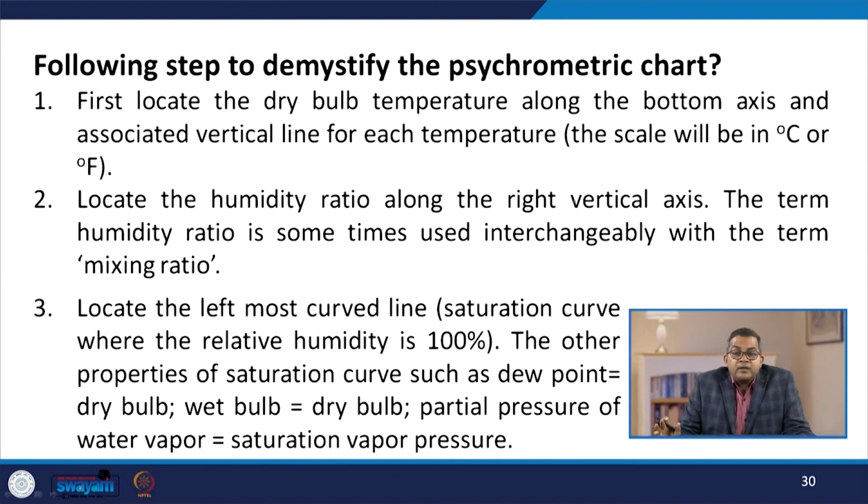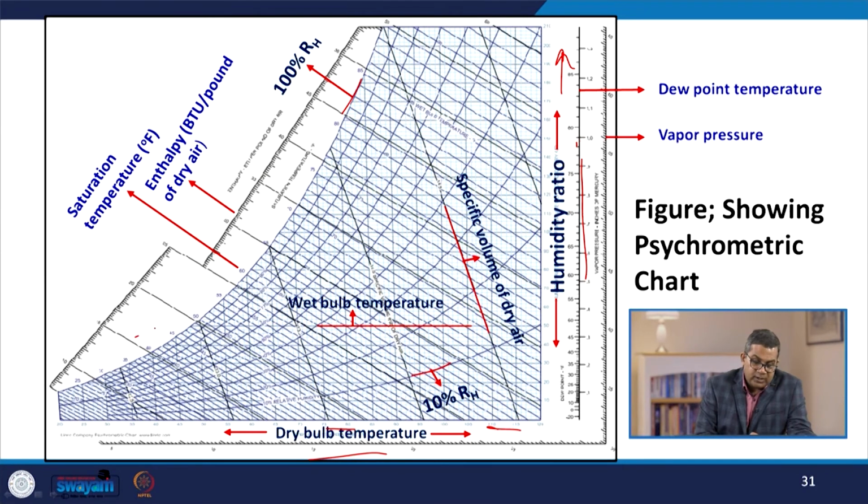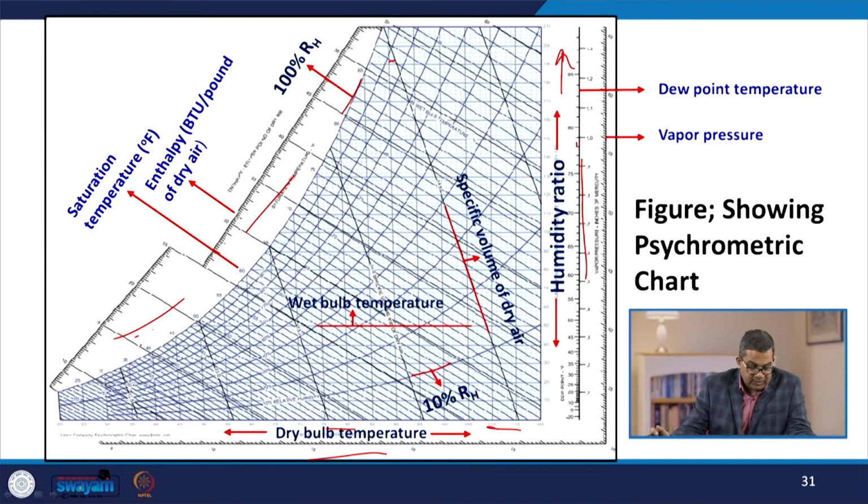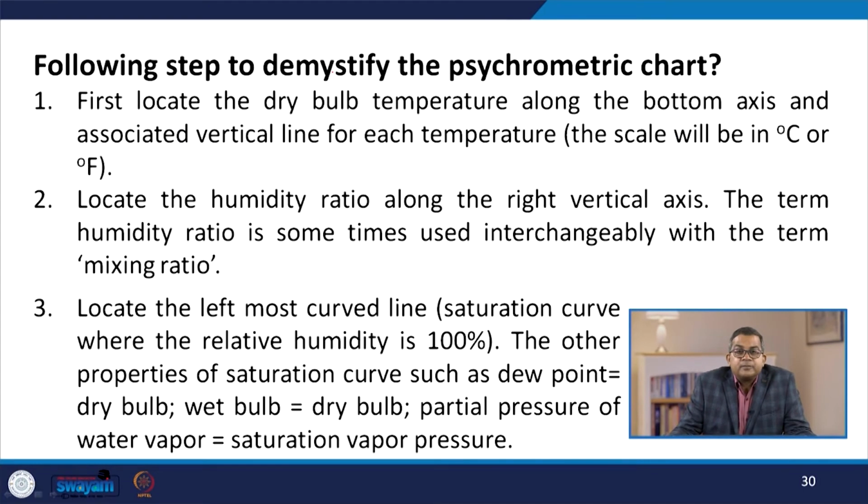Now locate the leftmost curved line, that is the saturation curve. Here you see this, this is the saturation curve, where the relative humidity is 100%. So you can locate where the relative humidity is 100%.